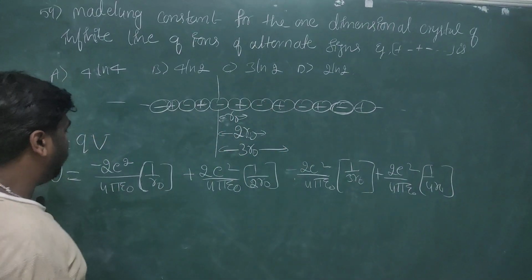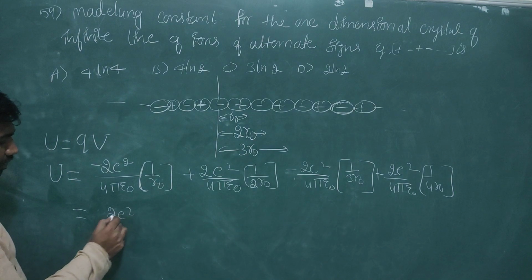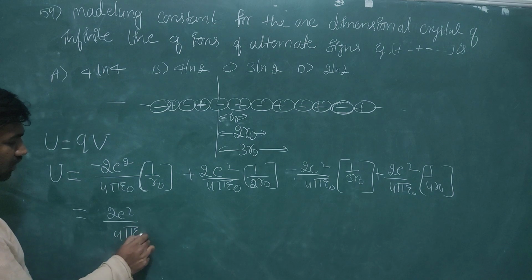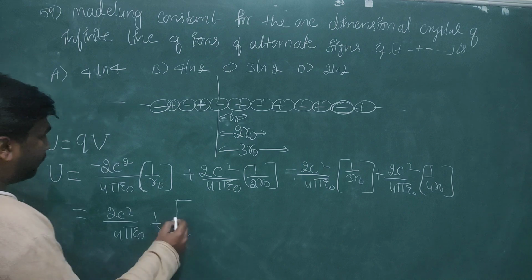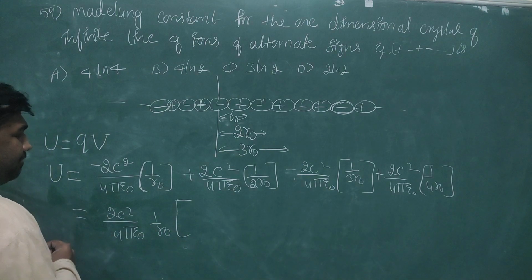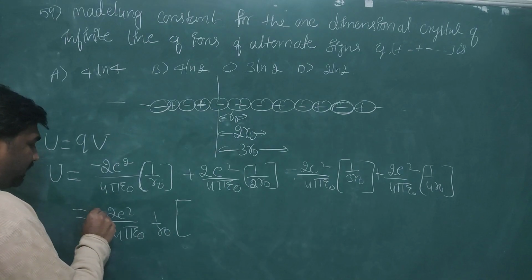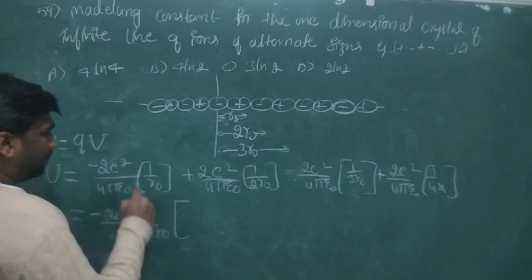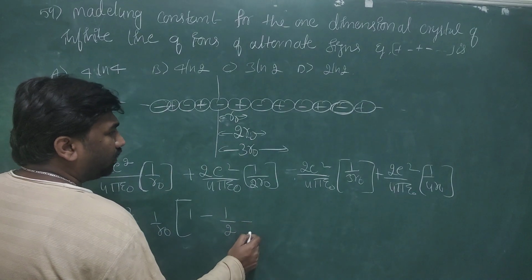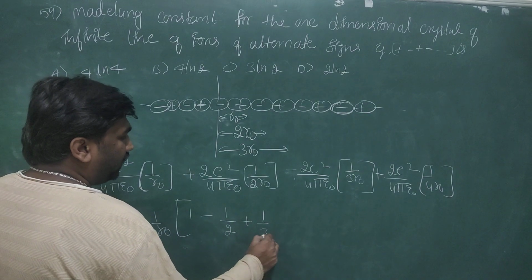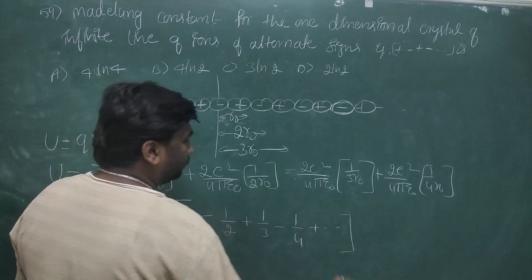Which is equal to, if I take 2 e square by 4 pi epsilon naught and 1 by r naught as a constant, and take minus also as common, then it is 1 minus 1 by 2 plus 1 by 3 minus 1 by 4 plus so on.